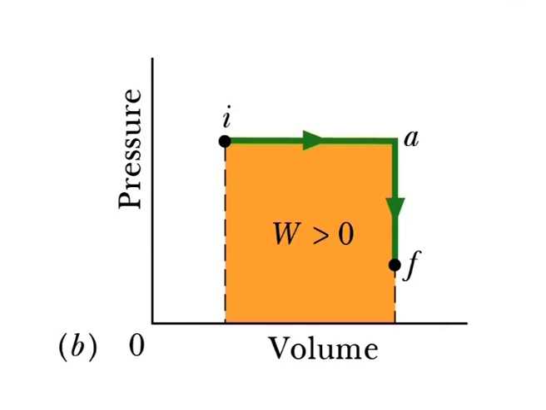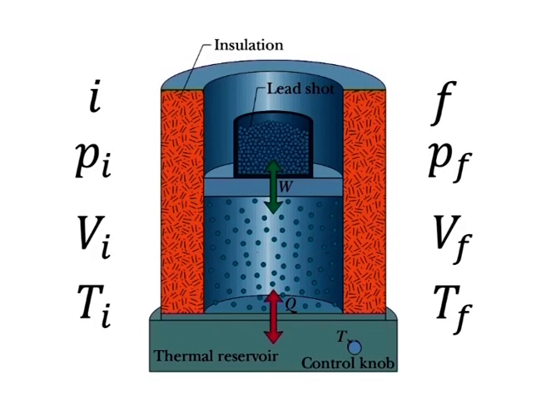Step IA of this process is carried out at a constant pressure, which means that you leave undisturbed the lead shot that ride on top of the piston. You cause the volume to increase from Vi to Vf by slowly turning up the temperature control knob, raising the temperature of the gas to some higher value Ta.